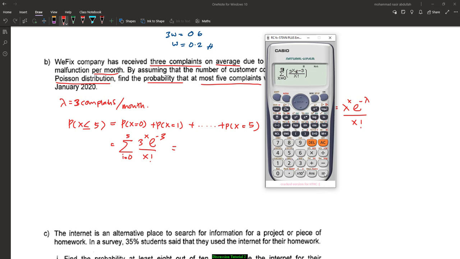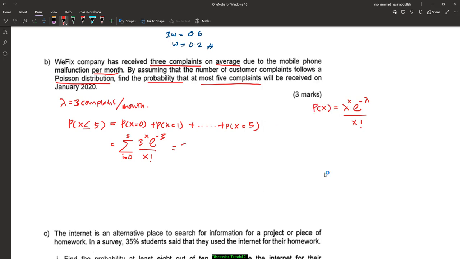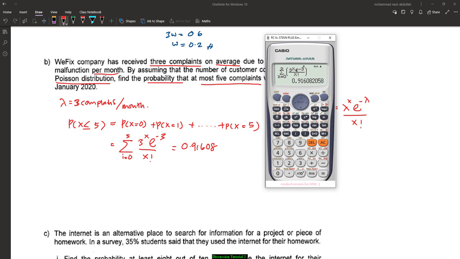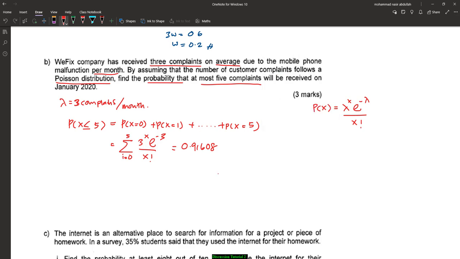So this one should be 0.91608, right? Okay. Looking at the question, the marks is 3 marks, so I am expecting you to calculate like this.